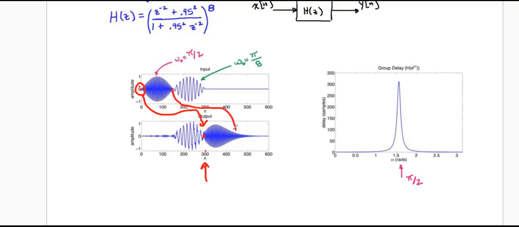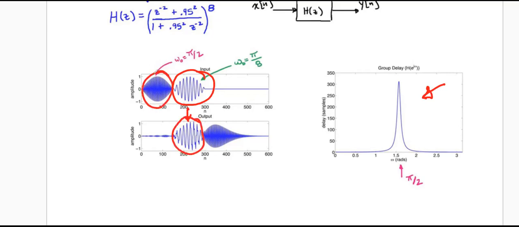The last position may be shifted like this. Since this is not a perfect convolution in practice, there might be some tail like this due to mathematical error, but we can get the idea. The low frequency component, according to the group delay, remains at the same place, while the high frequency component is shifted to the right by 300 samples. And that is the practical application of the all-pass filter.